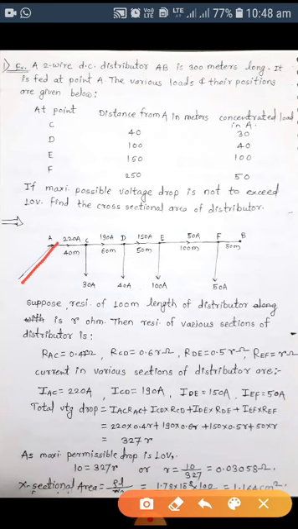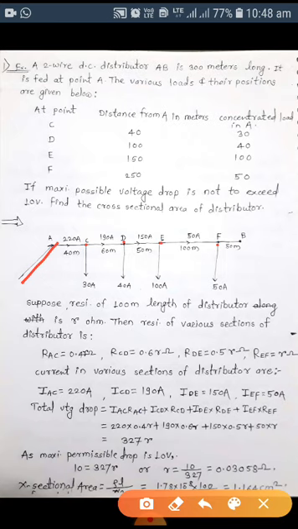Now the load of 30 ampere is connected at point C, and load of 40 ampere is connected at point D. 100 ampere is connected at point E, and 50 ampere is connected at point F.